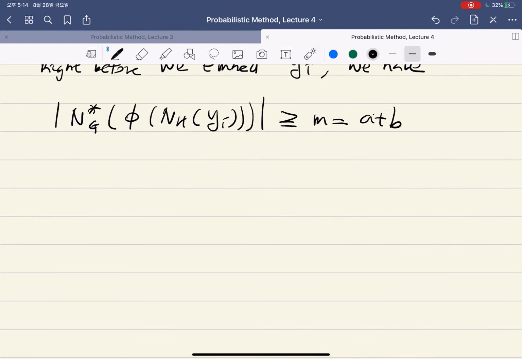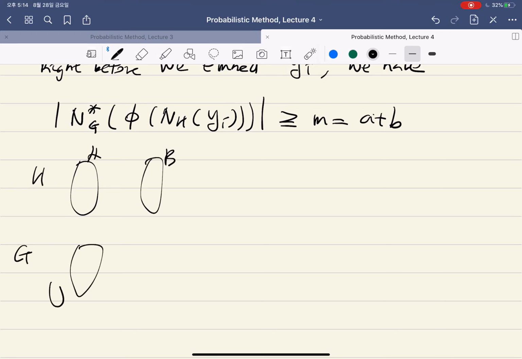So what we have is H, A, B, and G. Here we have U. Again, we have this yi, which has this neighborhood, and then pi maps them to here.